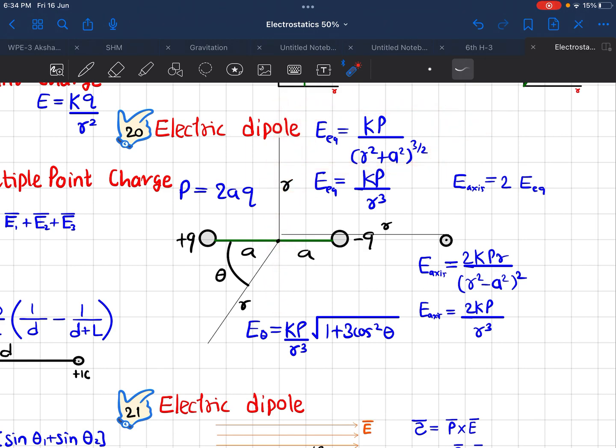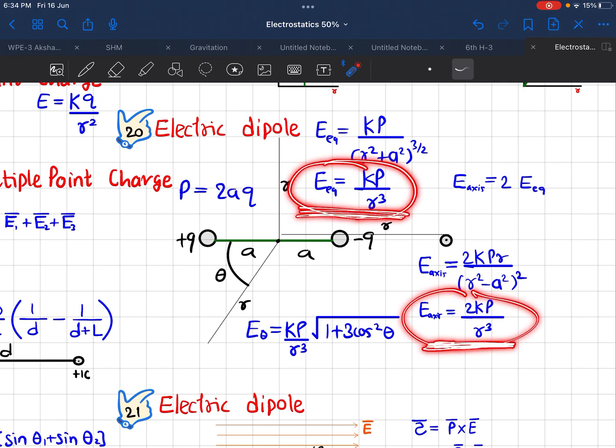And if we neglect a, that means r is greater than a, then E equator = kp/r³. We can observe that along the axis E is 2kp/r³, and at the equator E is kp/r³. That means the axis has twice the electric field as that of the equator.